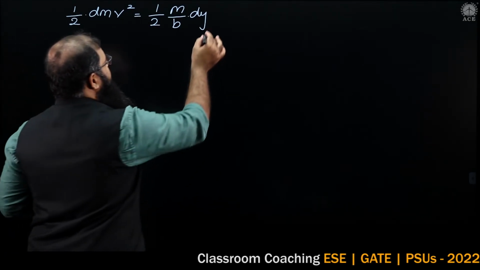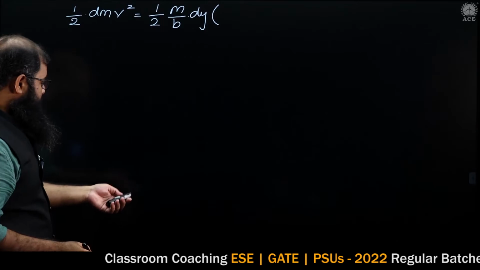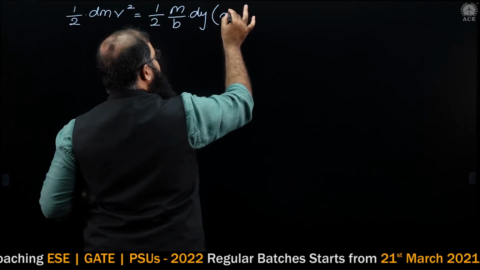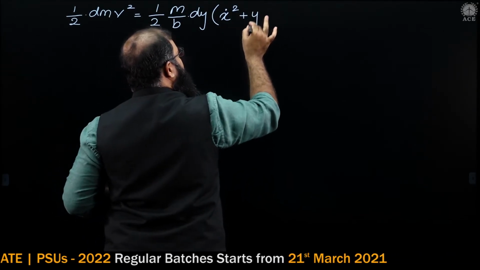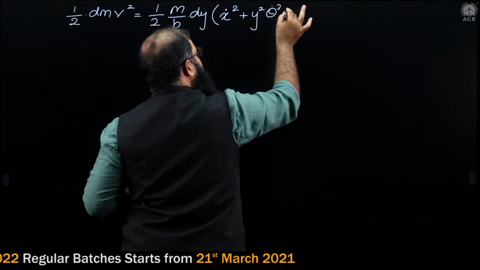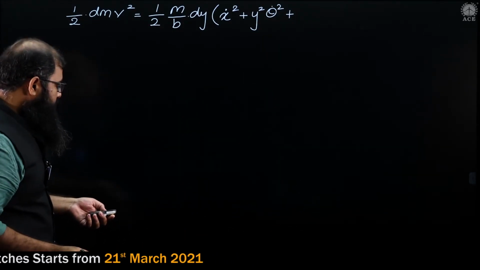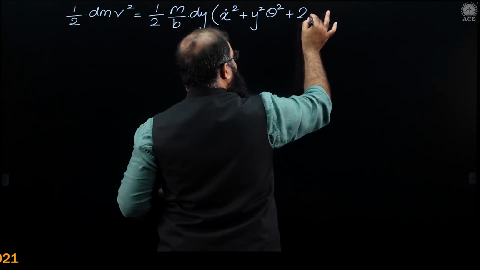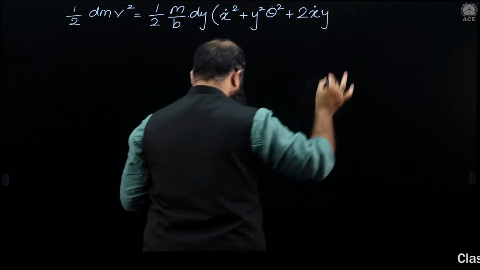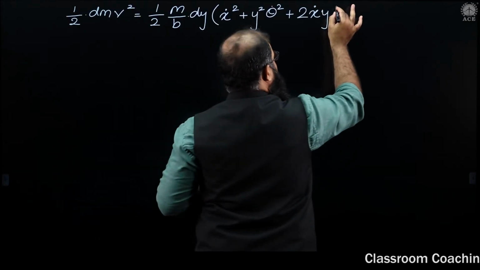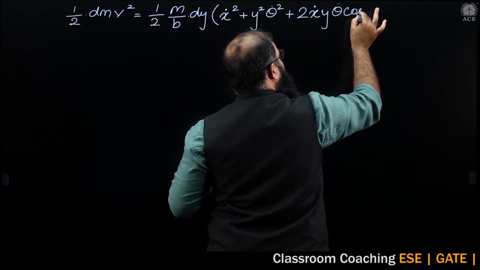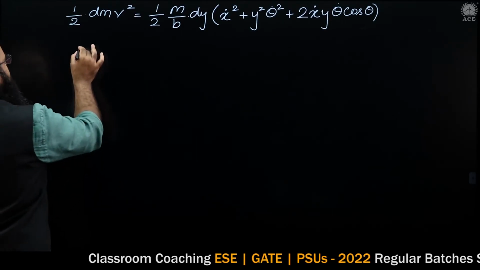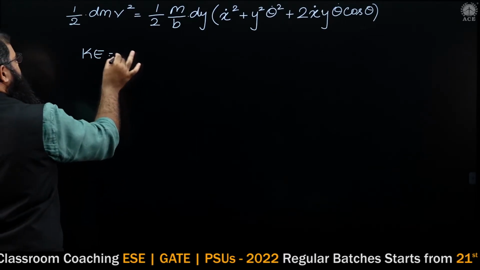V square, I'll have to look in the previous slide. x dot square, y square theta dot square plus 2x dot y theta dot cos theta. This is the value. If I integrate this, how much value am I going to have?